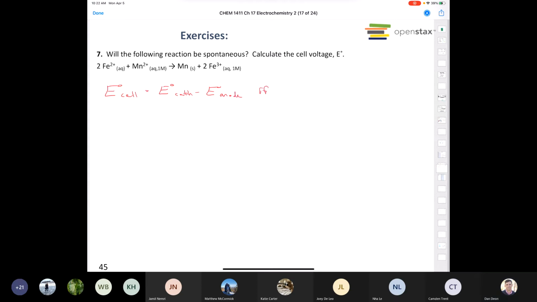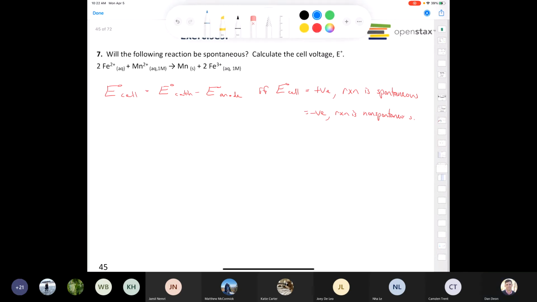If E cell is positive, the reaction is spontaneous. And if E cell is negative, the reaction is non-spontaneous. Okay, so what's the cathode and what's the anode?